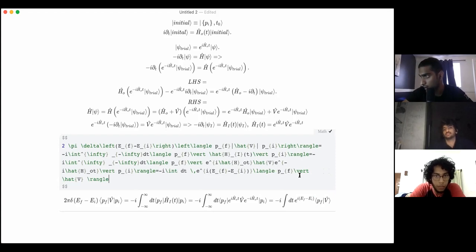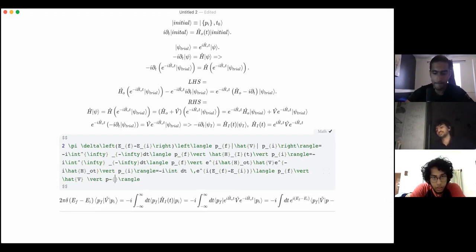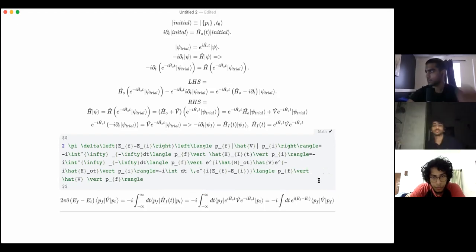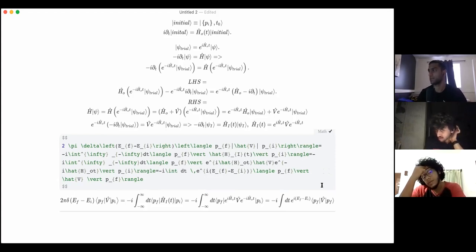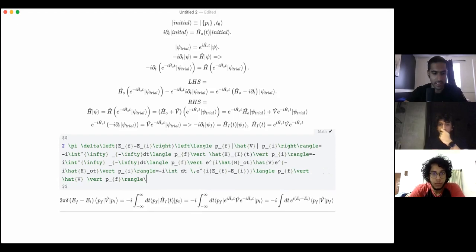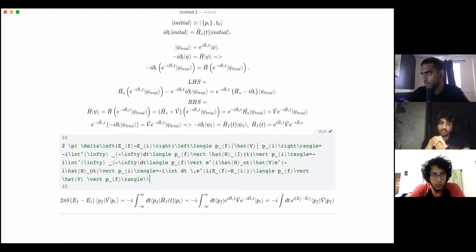You see, this is just with the i's and stuff, the delta function of E minus (E_f minus E_i). There are some factors in the Fourier transform like the 2 pi, but whatever. Let me jump a line.